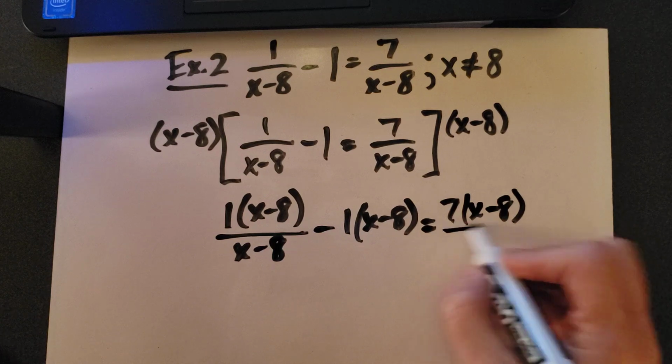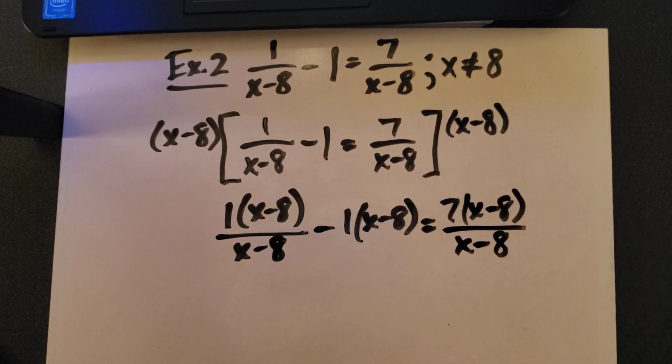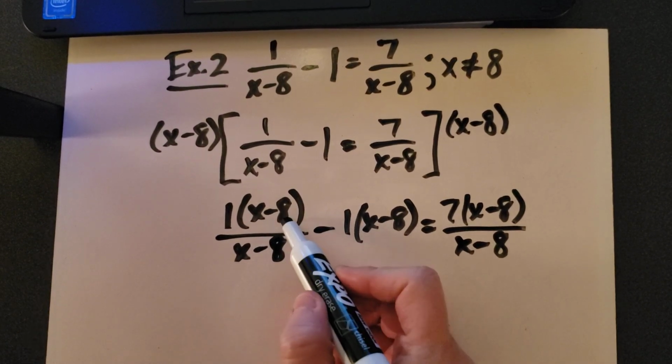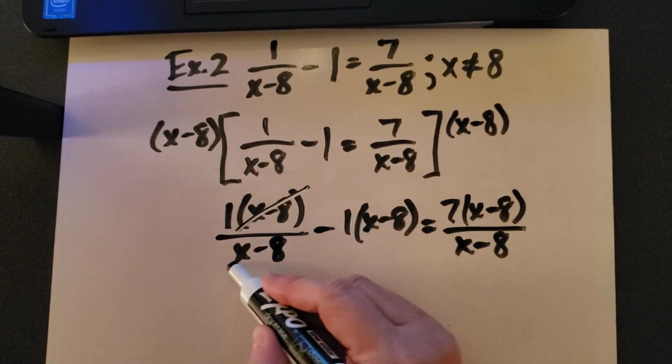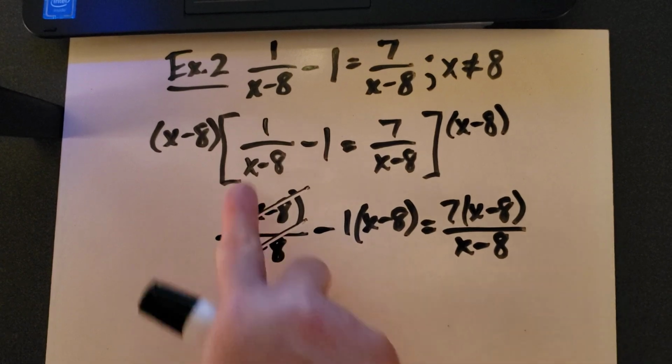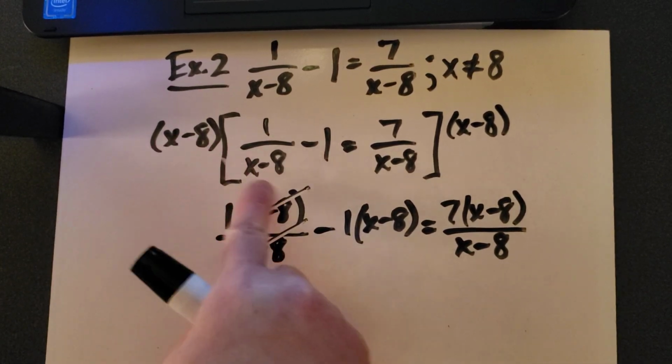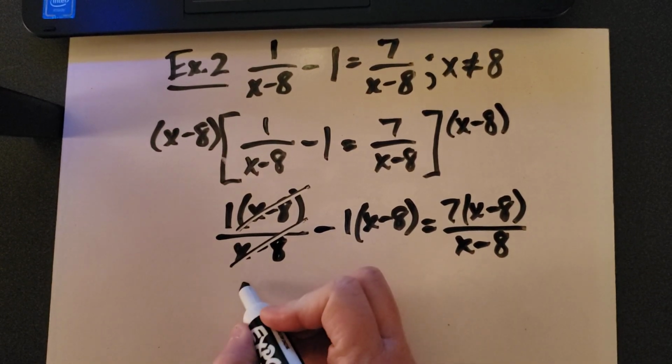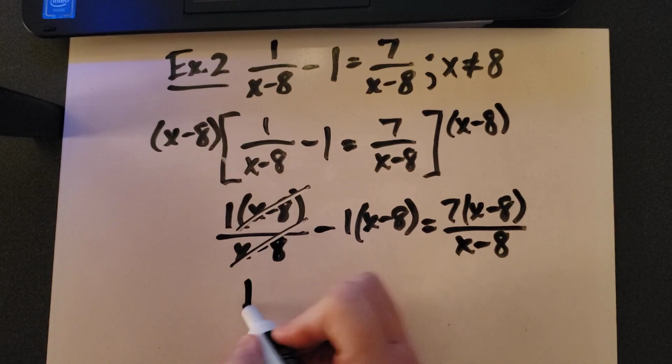And of course, we've got that x minus 8 in the denominator. Now, a lot of you are probably starting to realize where you can skip a step here once you really figure out what's going on, because I'm showing this step of x minus 8 over x minus 8, but then I'm eliminating those. Does everybody see how that could have happened right here? And that just leaves me with a 1.